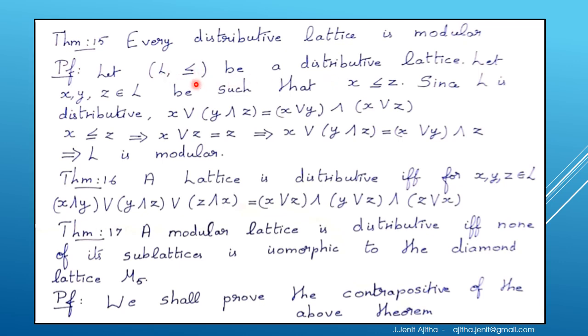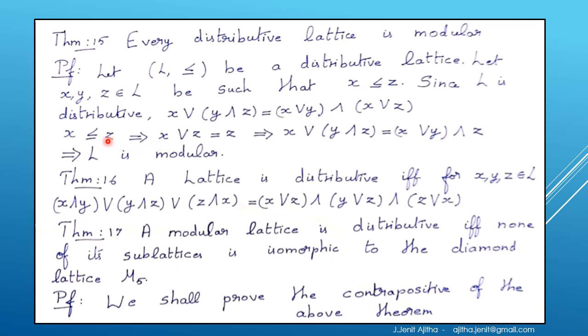Take a distributive lattice L and choose three elements x, y, and z such that x is less than or equal to z. Now L is distributive. So x join (y meet z) equals (x join y) meet (x join z), and x is less than or equal to z.